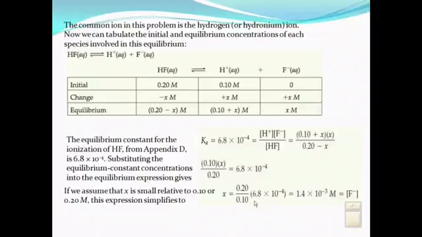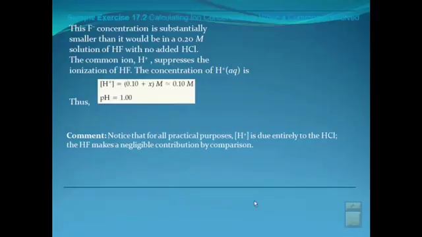To 2 sig figs, or even 3 really, it's still 0.101 technically. So very, very slightly changed. It says, notice that for all practical purposes, H+ is due entirely to your HCl in this particular case. The HF makes a negligible contribution to your H+ concentration. So that was a really good example there.